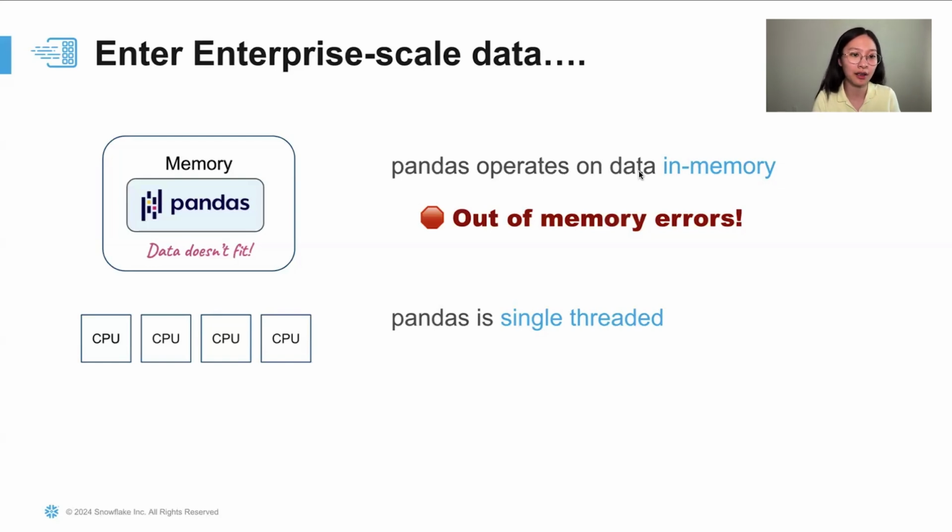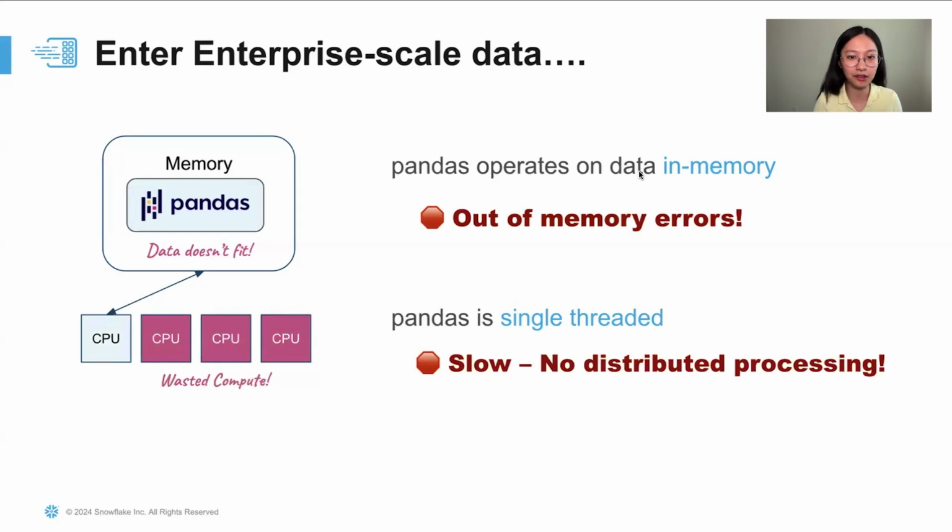The other thing is that, again, Pandas is single-threaded. So when you're working with lots and lots of data, millions of rows and so on, you start to get slowdown because there's no distributed processing. Even if you have, let's say, 4 cores in your machine, a lot of that is wasted compute because your computer is not able to fully utilize the available resources, because Pandas is single-threaded.